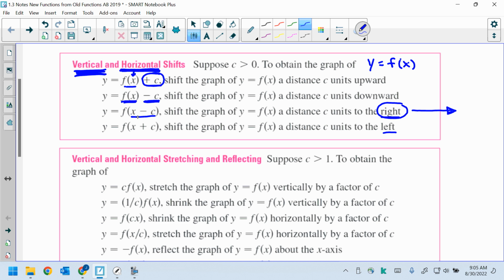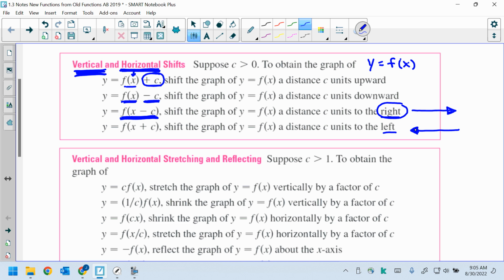If I want to move things to the right, for example, 3 units, I would say I wanted f of x minus 3. Exactly the opposite of what I think. If I'm moving to the left, I would think I would have to subtract something from the x.